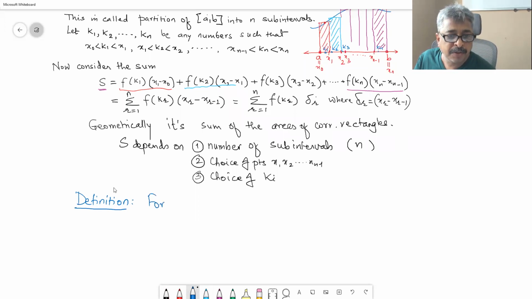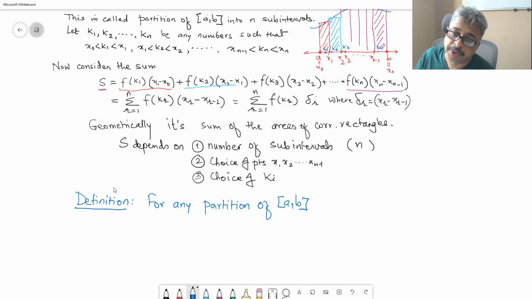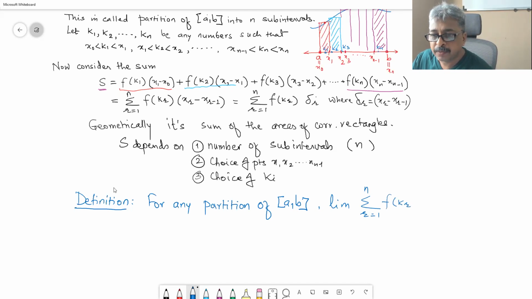For any partition of closed interval [a, b], consider the limit of the sum, r goes from 1 to n, f of x_r delta x_r, when n tends to infinity.